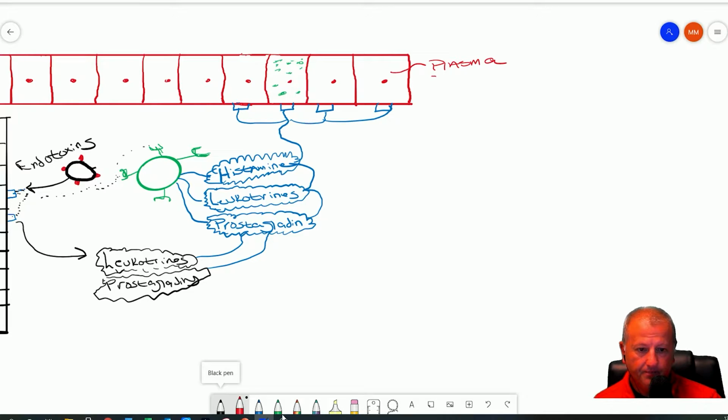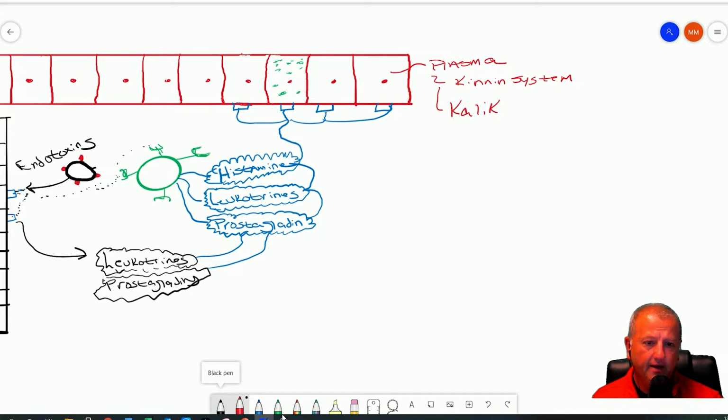Okay. And what's inside that system? Well, what we have is a protein. This protein's called kallikrein. Kallikrein, K-A-L-L-I-K-R-E-I-N. All right, don't worry about it. It's just going to change names.